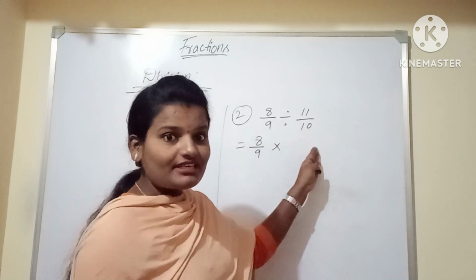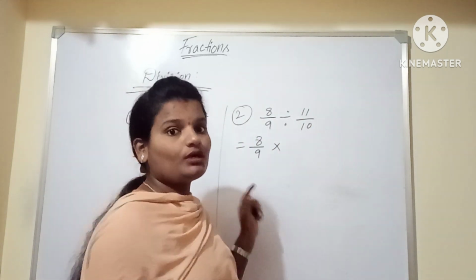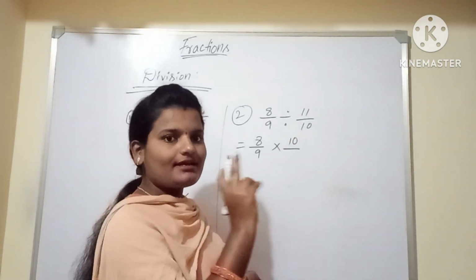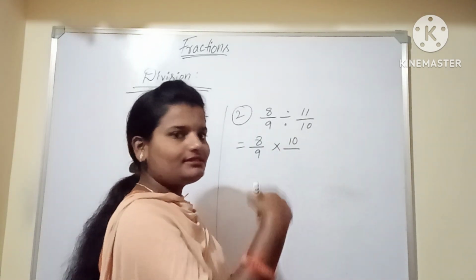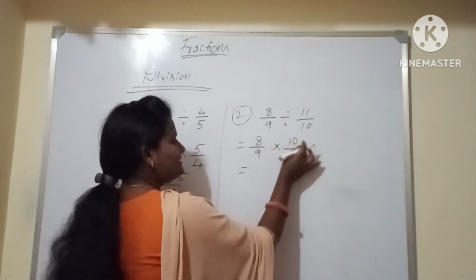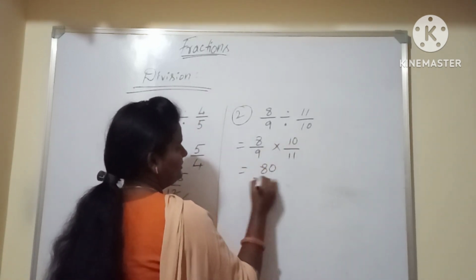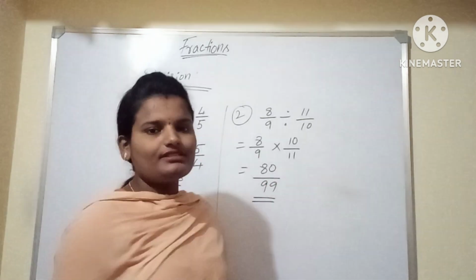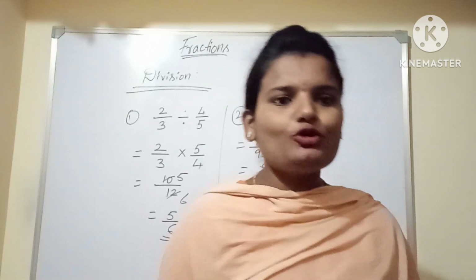So the second fraction becomes its reciprocal. Reciprocal means we have to take the denominator as numerator, numerator as denominator. So 10 by 11. 8 tens are how much? 80. 9 11s are 99. That's it, our answer. I hope all are understood.